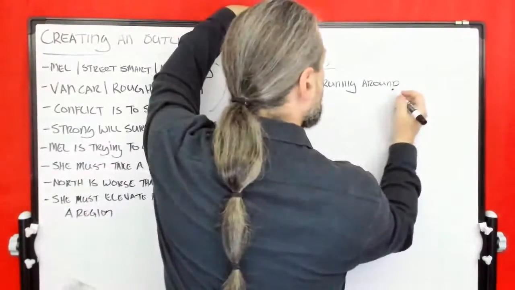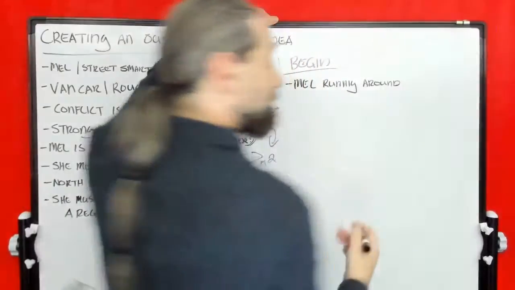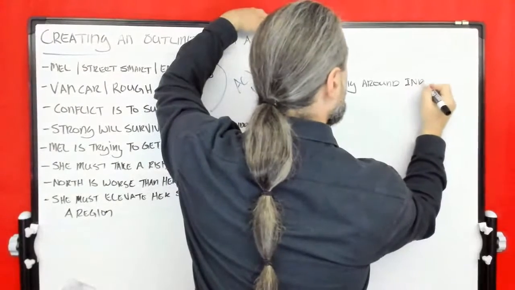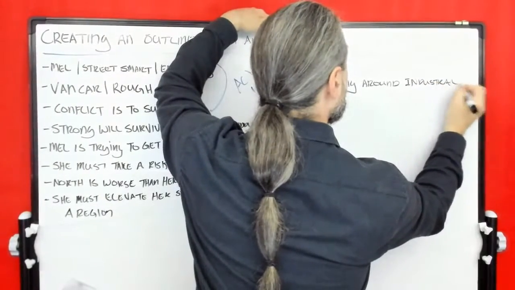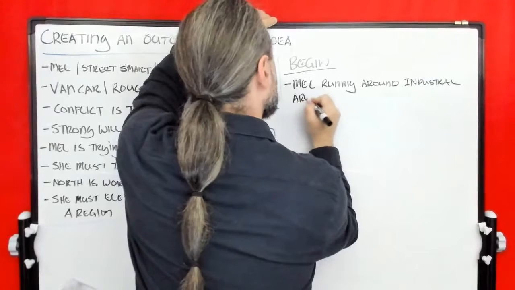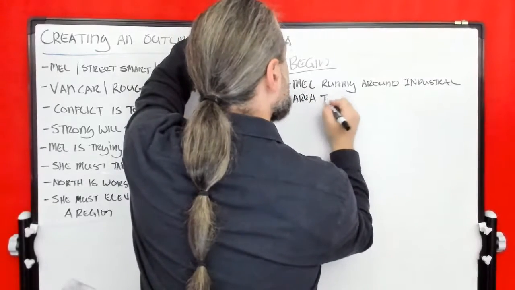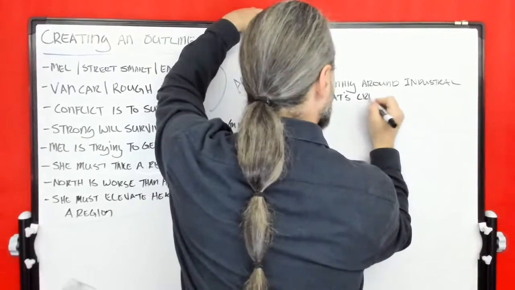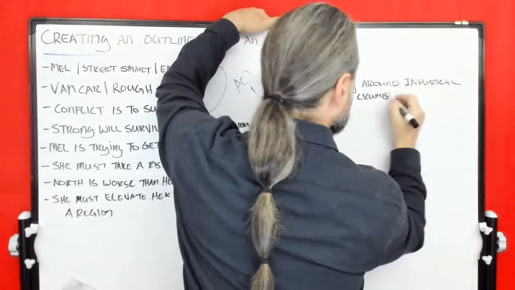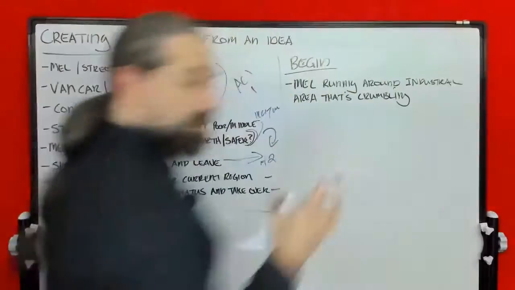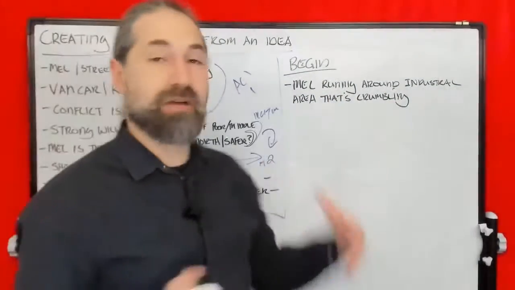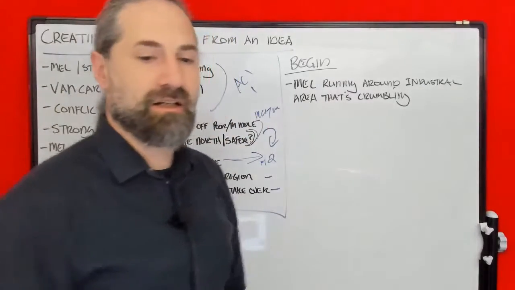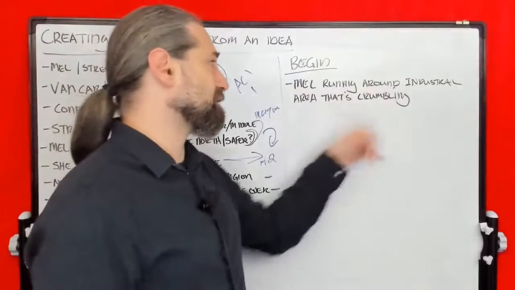I guess we could do an industrial area that's crumbling. Right? So right off the bat, we know we want to start off, and again, this can and probably will change, but the establishing shot to the beginning is that she is running around the industrial area that's crumbling.